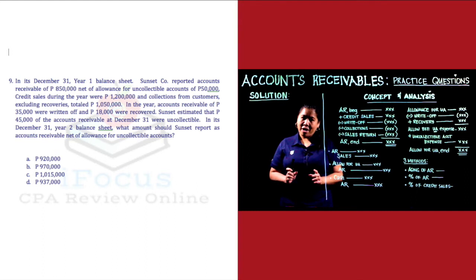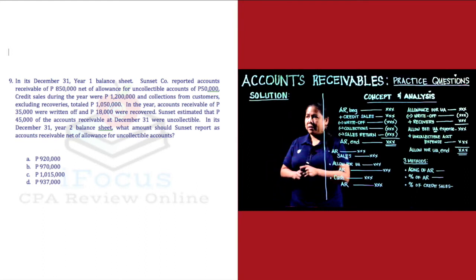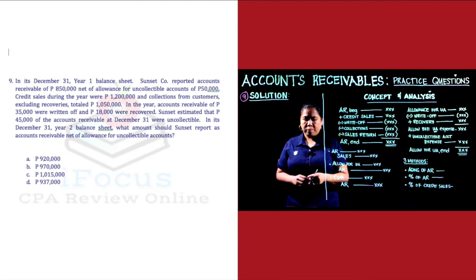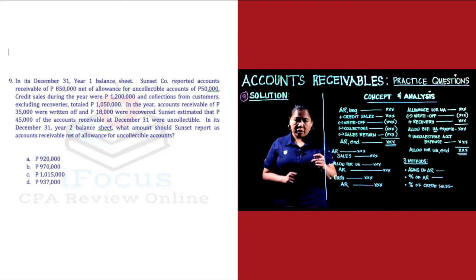Alright, question number 9 tayo. So, what is the requirement on question number 9? Alright, in each December 31st, year 2 balance sheets, what amount should Sunset report as accounts receivable net of allowance for uncollectible accounts?